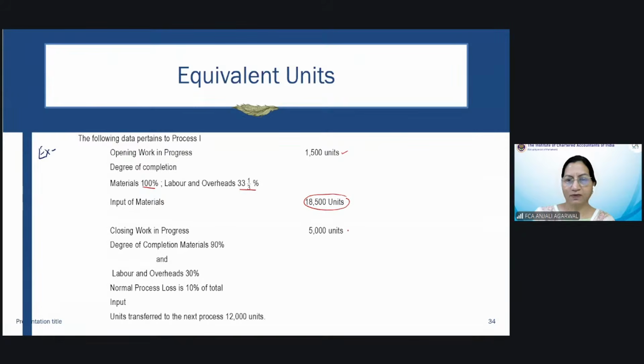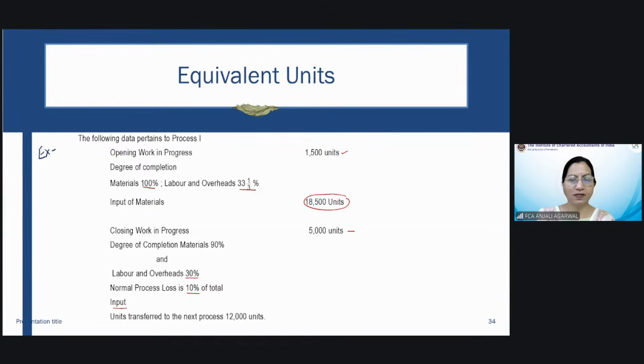Out of 20,000, 5,000 is closing WIP, which is 90% complete as far as material is concerned. So you see, material was gradually being introduced in the process. And labor and overheads are 30% complete. The normal loss in process is 10% of total input.